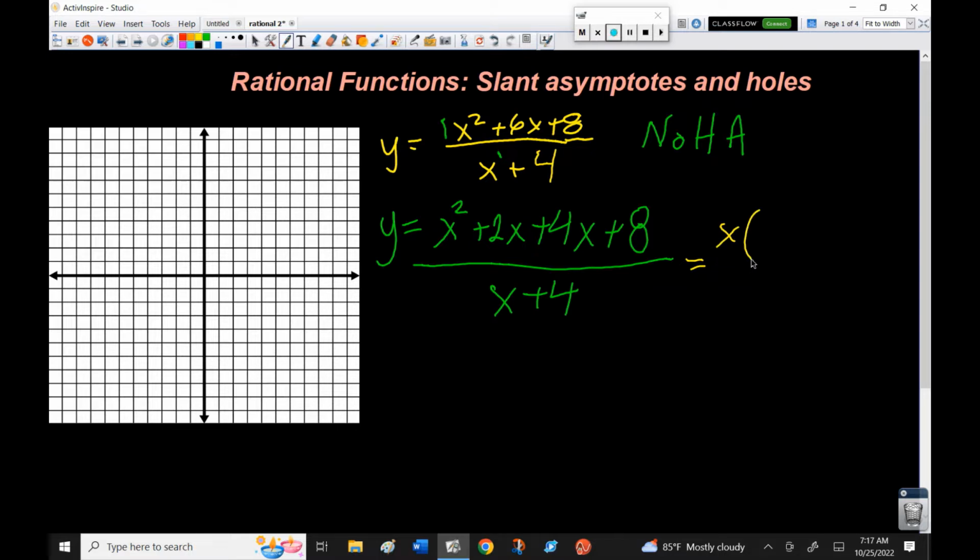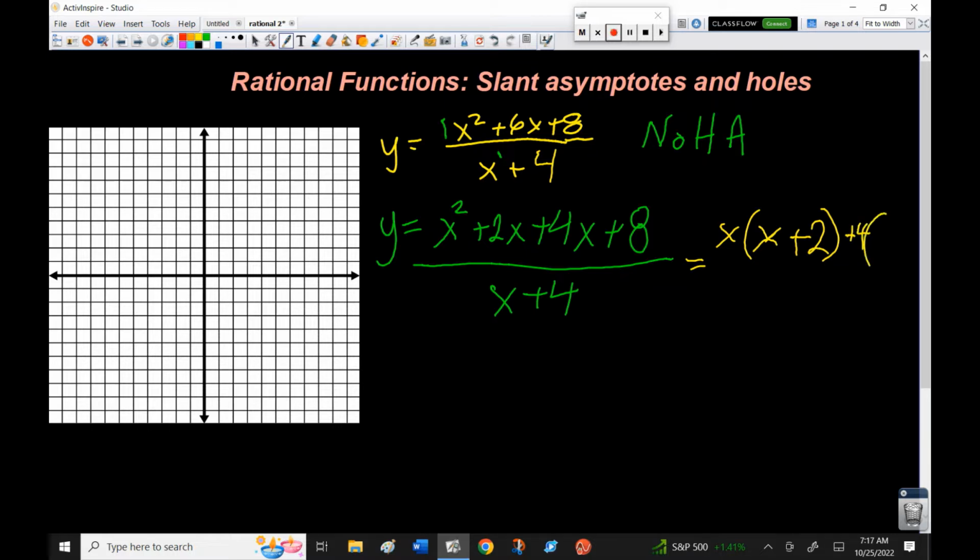If you factor out an x from x squared, you get an x. If you factor out an x from 2x, you get plus 2. That's the first half. The second half, you see the 4x plus 8. What can these have in common? If you say 4, you're correct.